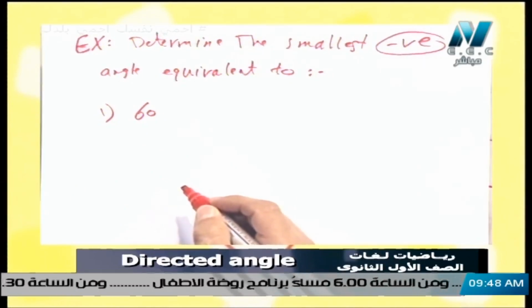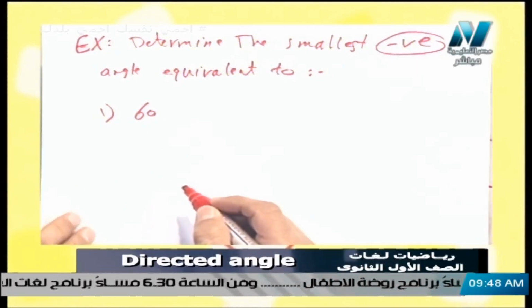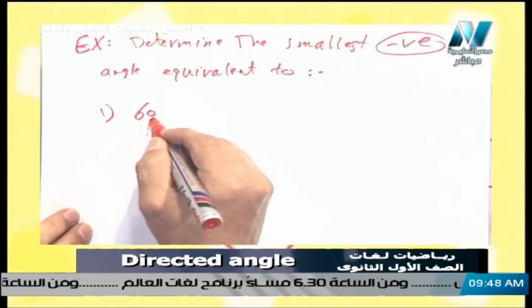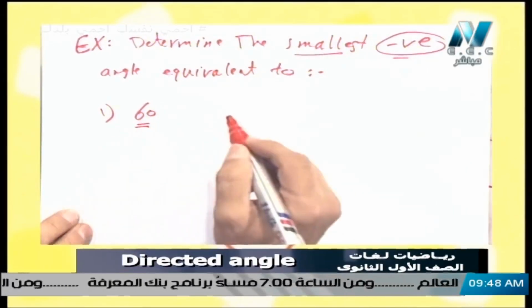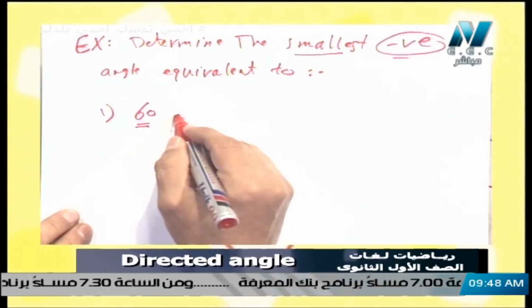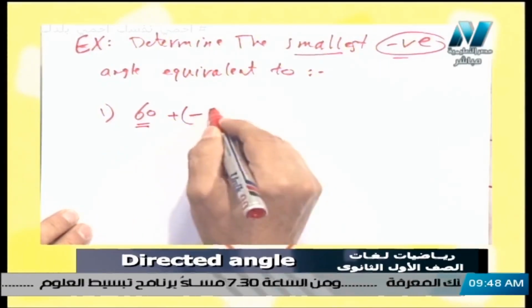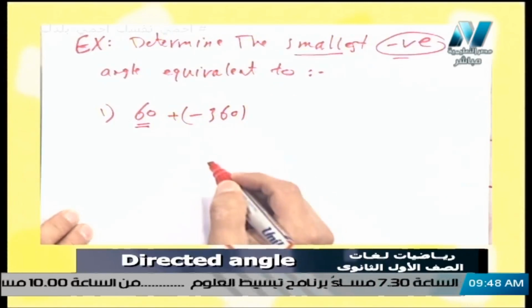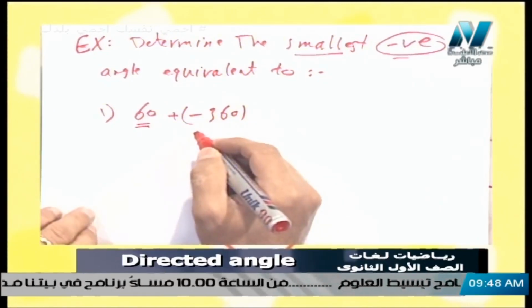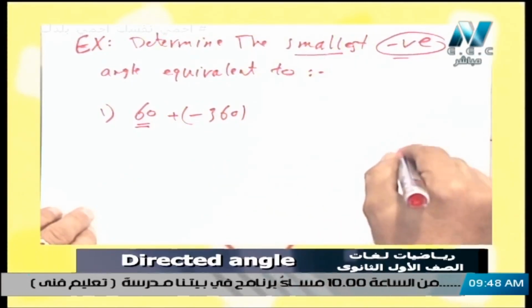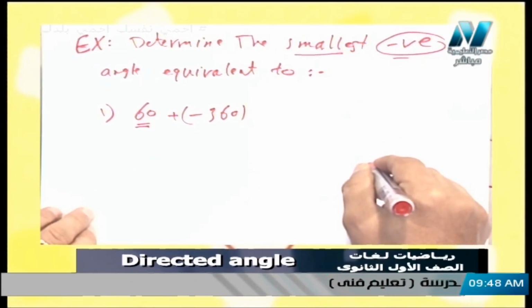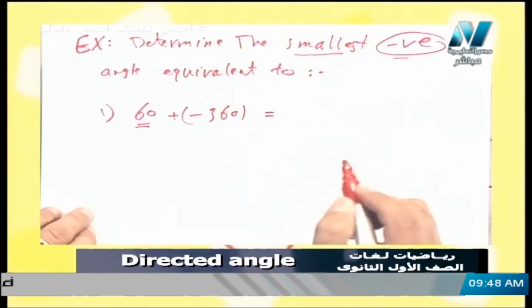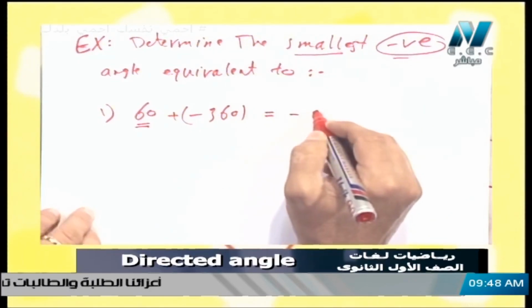If we have an angle equal to 60 degrees here, and we want to find the smallest negative equivalent angle to 60, we add negative 360. That means that we add one turn in the negative direction, or clockwise direction, and the answer, of course, will be negative 300.